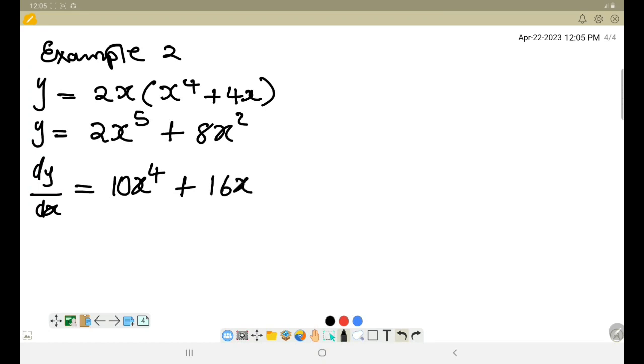Of course, we must remember that we must subtract 1 from the exponent after bringing it down. That's why the final step was 10x to the power 4. We brought down the 5, and now, when we bring it down, we subtract 1. It becomes 4. Even on the second term, which was 8x squared, we brought down the 2. Then 2 minus 1 is 1, so that we end up having 16x. So that's it with power rule.